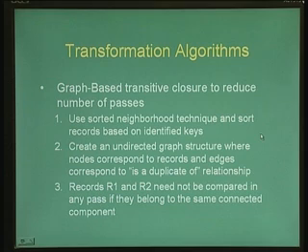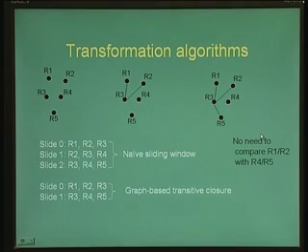If A is a duplicate of B and B is a duplicate of C, then A should be a duplicate of C. What this means is, when sliding the window, once we have established that A and B are duplicates, there is no need for us to compare A and C and so on. That is the essential idea behind the graph based transitive closure.